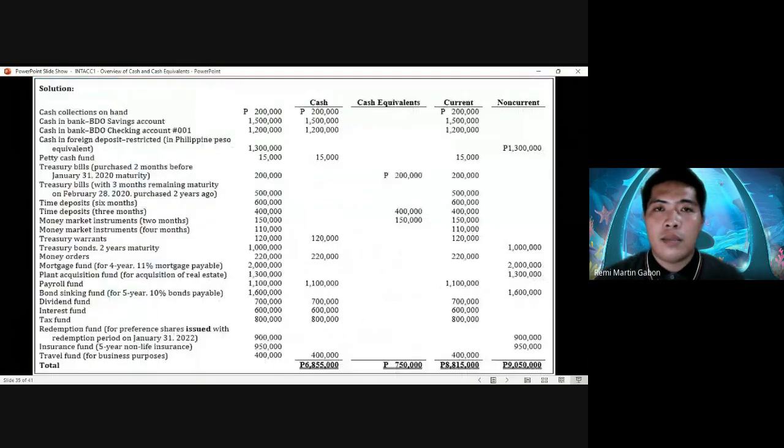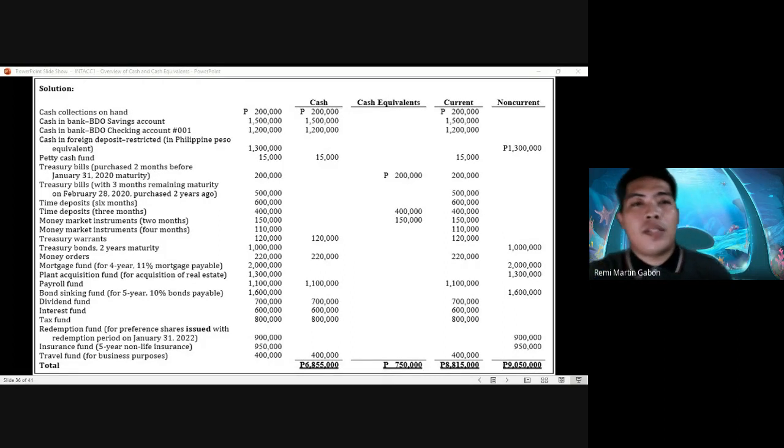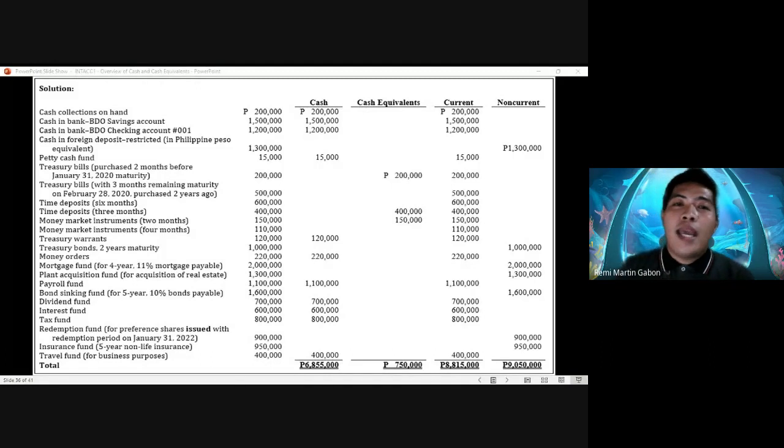Ganito yan. It's like we are hitting 4 birds with 1 stone. Kasi 4 yung requirement eh. Kung dalawa lang, 2 birds. Kasi 4, so 4 birds.